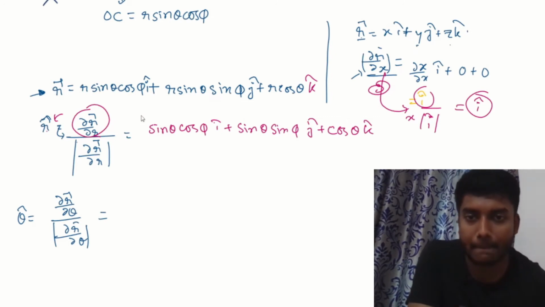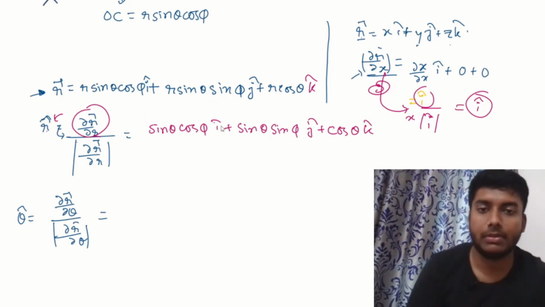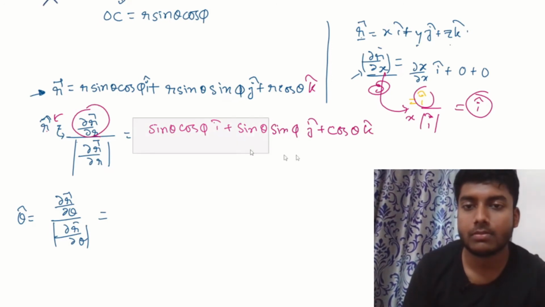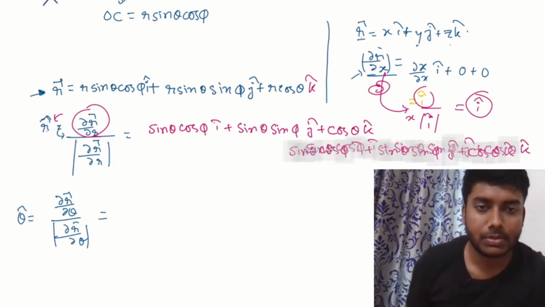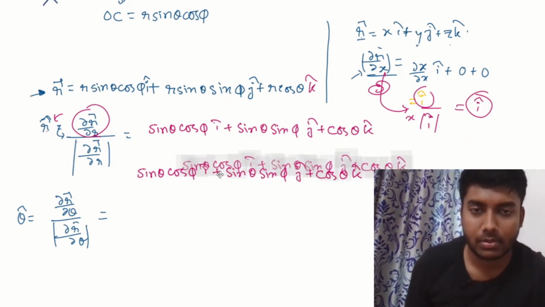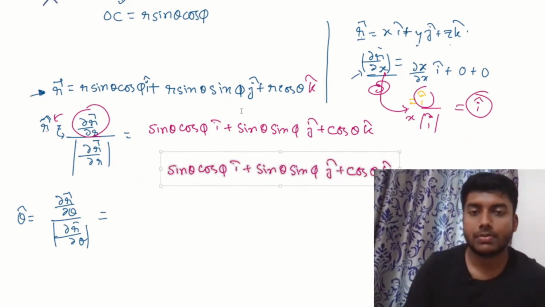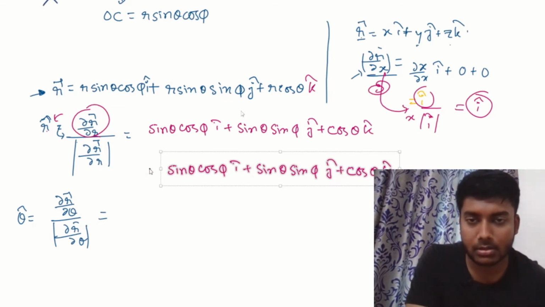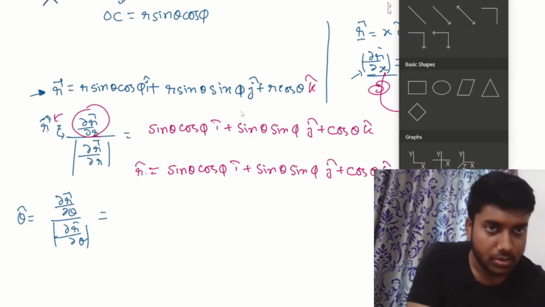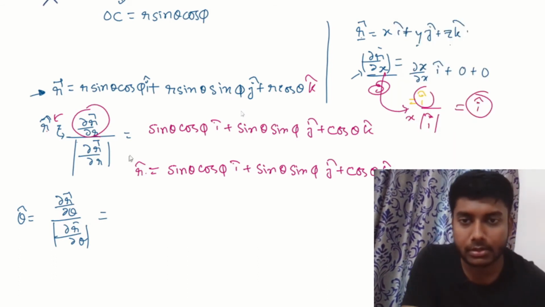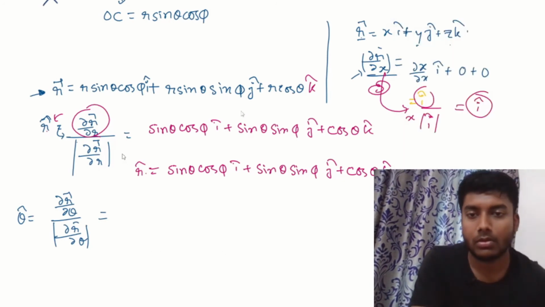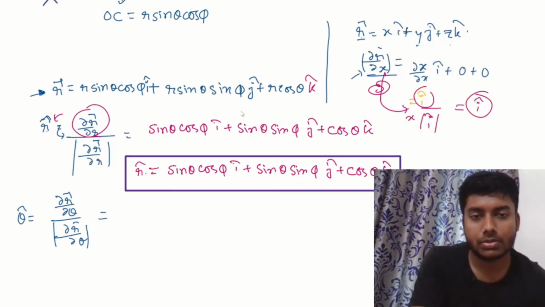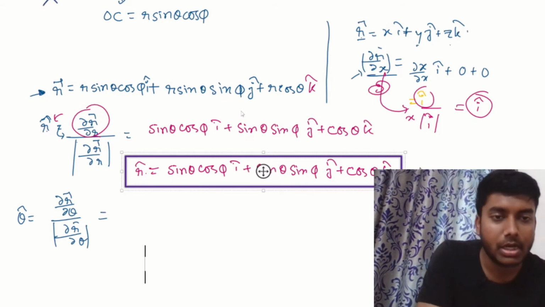I'm just copying it, because this is the R cap. So I am covering it with a box. This is the R vector.